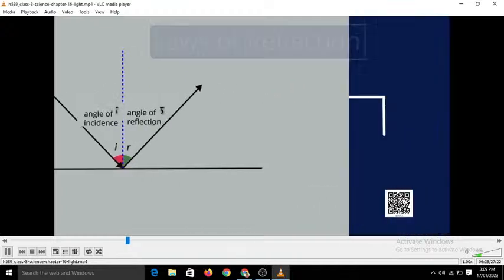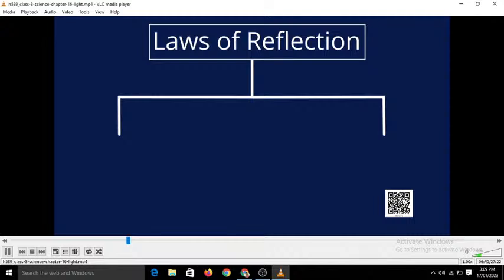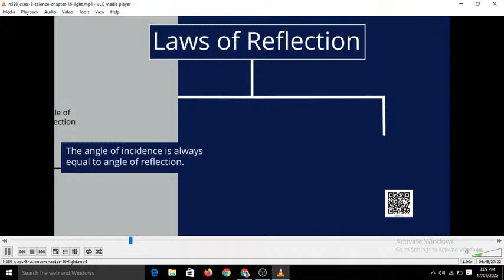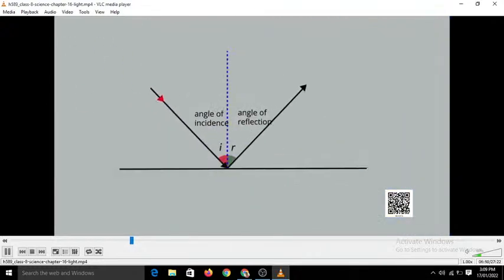Now, let's learn the laws of reflection. The first law of reflection says that the angle of incidence is always equal to the angle of reflection.